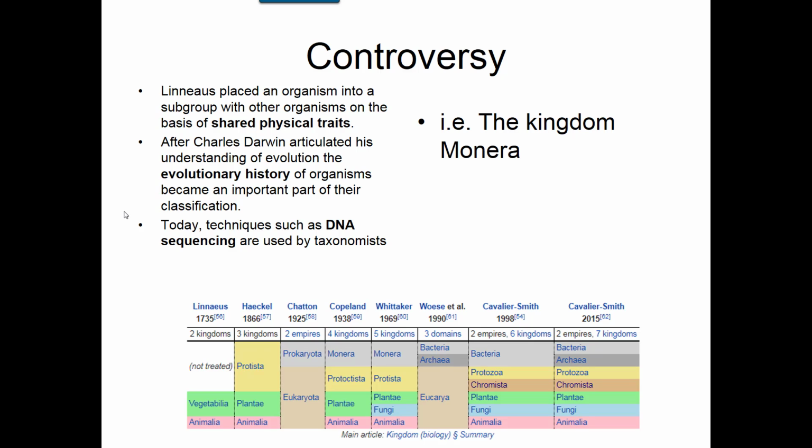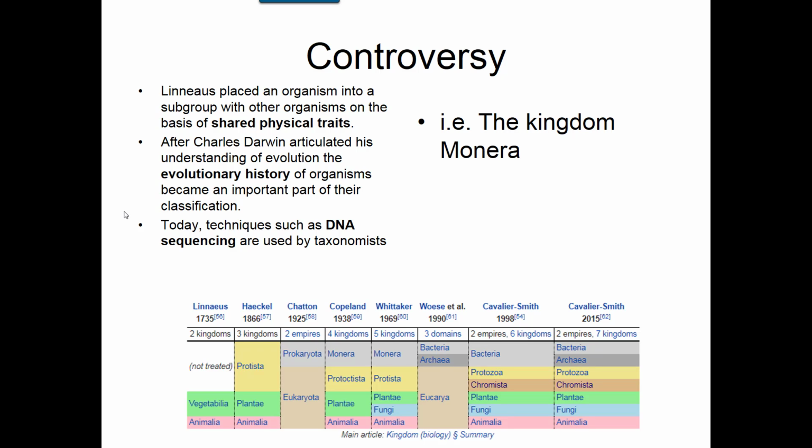So not only do we want to lump organisms based on who shares physical traits, but we would hope that those traits are actually traits that are shared because the organisms have a shared evolutionary history. So that caused some reshuffling of the groups to emphasize the evolutionary history rather than just the physical characteristics. Because physical characteristics can lead you astray sometimes.